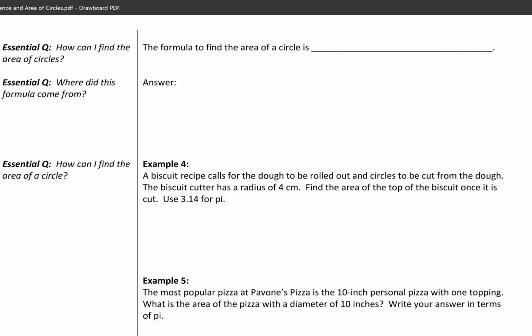Okay, so let's talk about how we can find the area of a circle. The formula to find the area of a circle is A equals pi r squared. Now, where did this formula come from? I want you to think about a pie, like an actual pumpkin pie or something, okay?